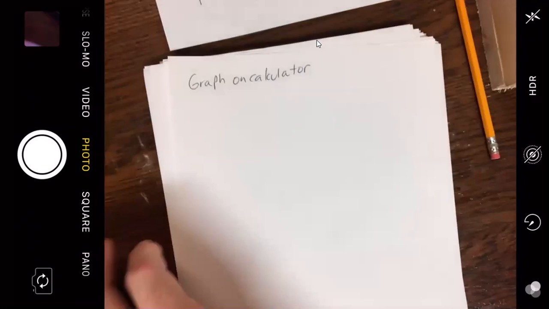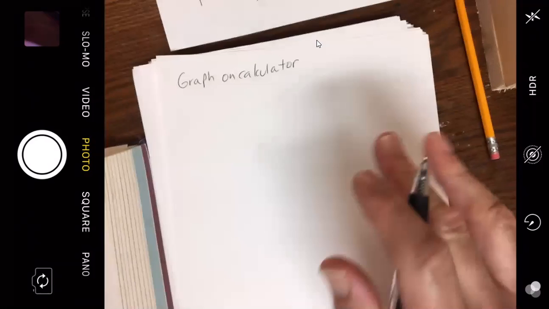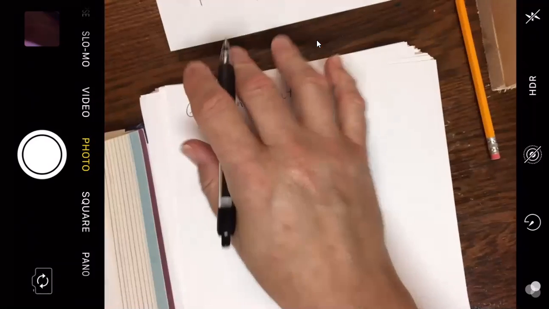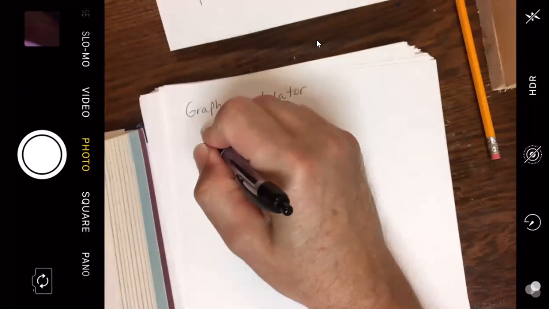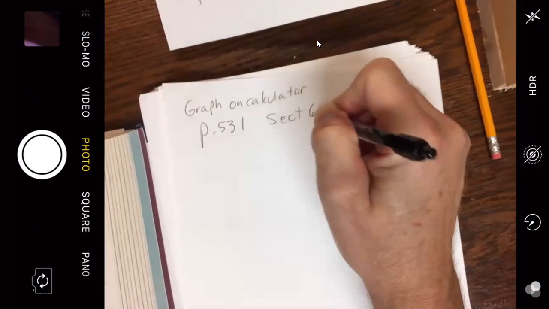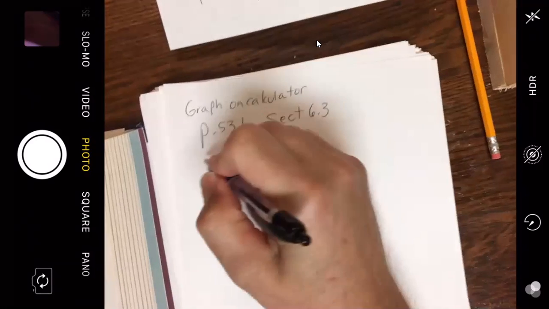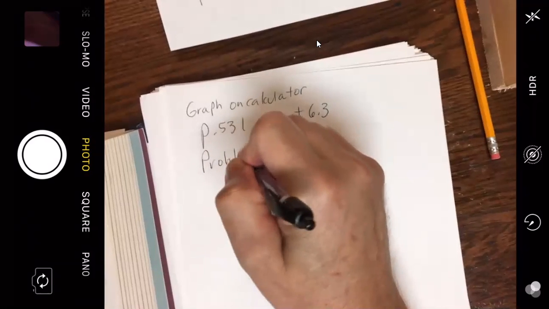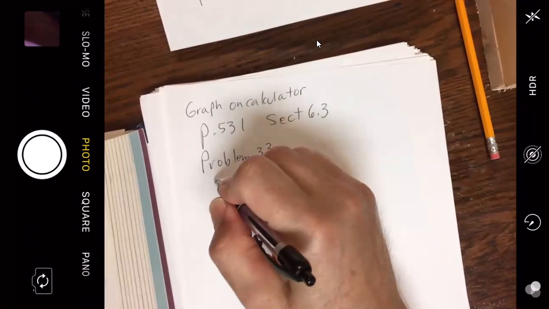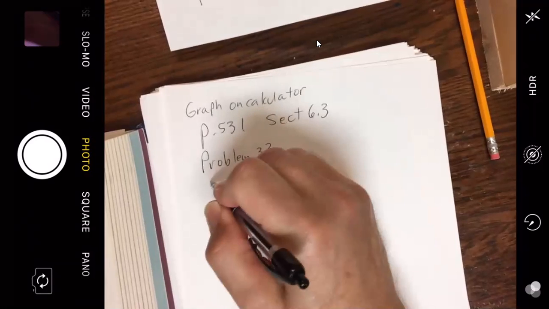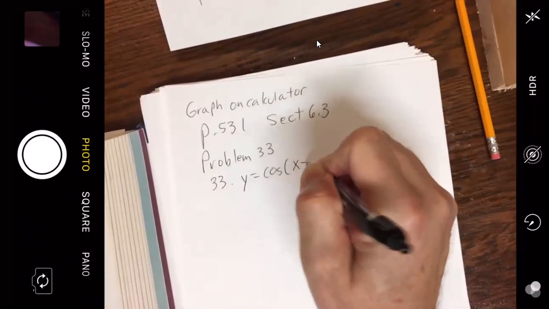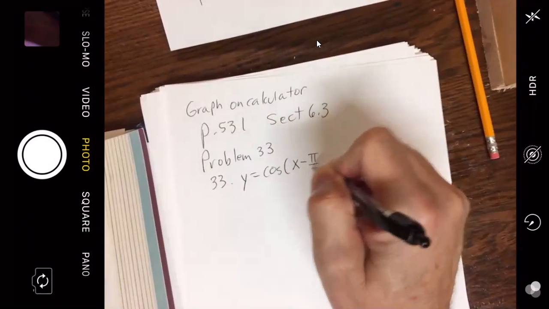All right, so I think maybe I'll just do a couple of the whole thing, and hopefully you'll get it for the simpler ones. So let's try page 531. We're in section 6.3. Problem 33. Graph y equals cosine of x minus pi over 2.